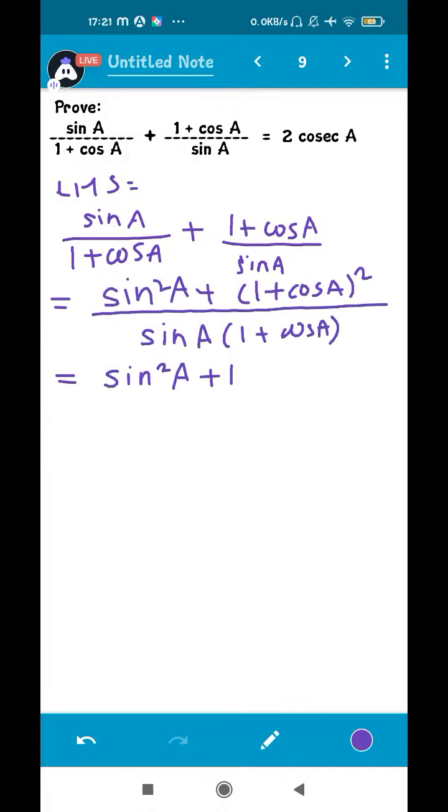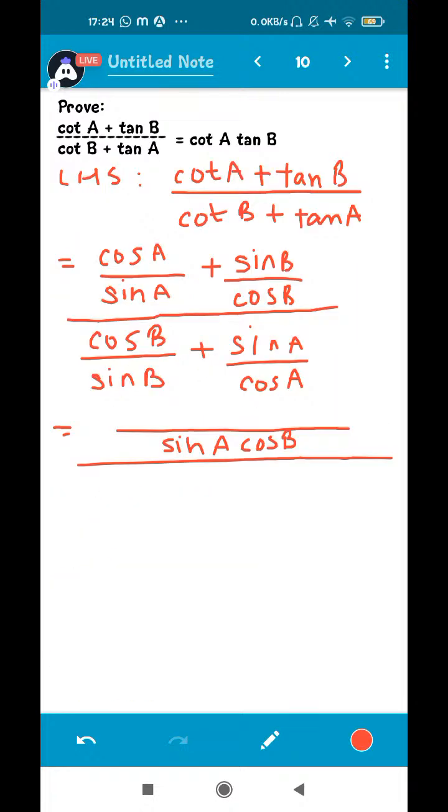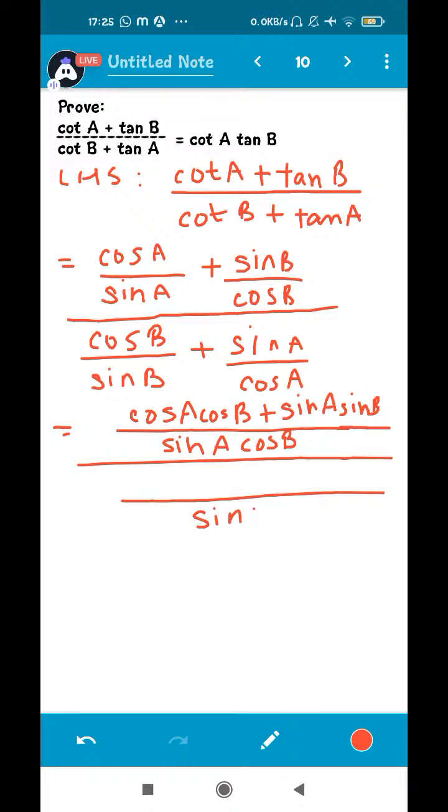So the whole square, we are getting sin² A + (1 + cos A)², in the denominator the LCM is sin A (1 + cos A).